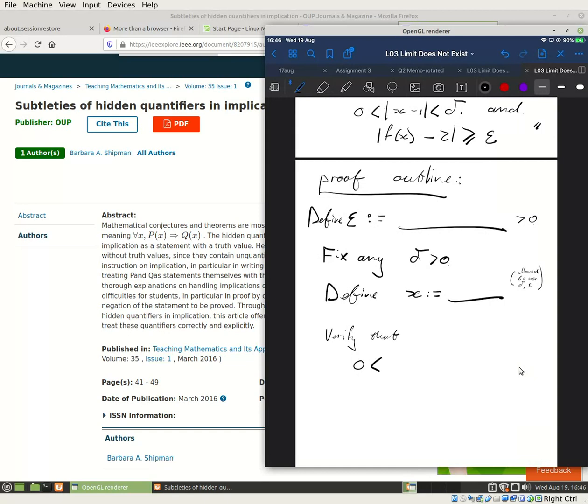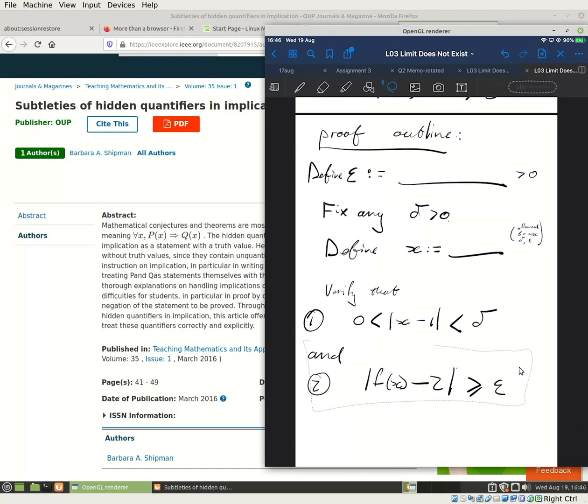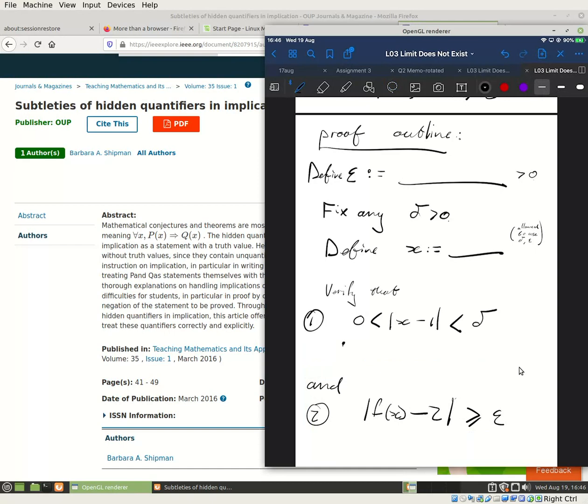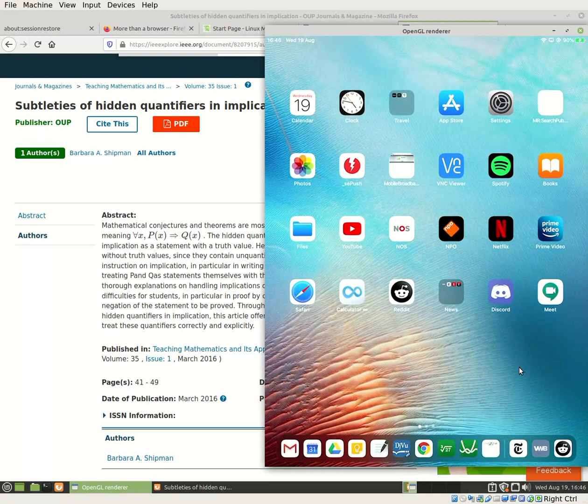Verify that, let's say, 1: the absolute value of x minus 1 is less than delta, and number 2, that the absolute value of f of x minus 2 is greater than or equal to epsilon. So here we need to do some work. So over here we need to do some work, and over here we need to do some work. Whoops, that was not my intention.